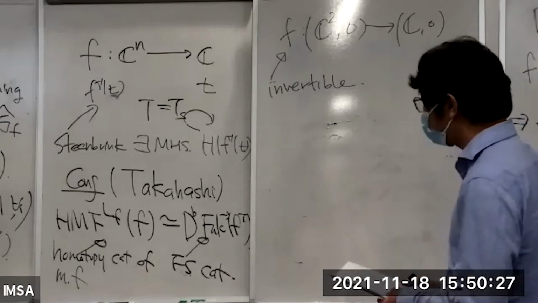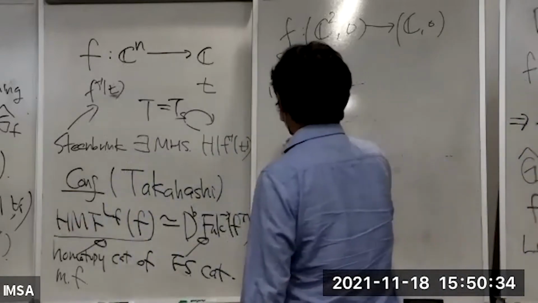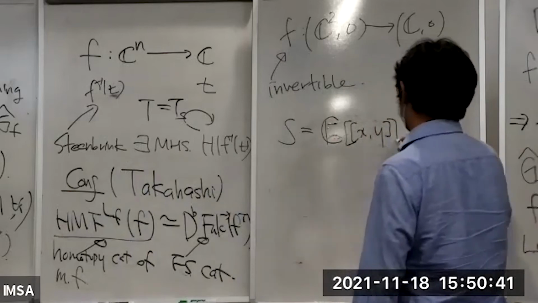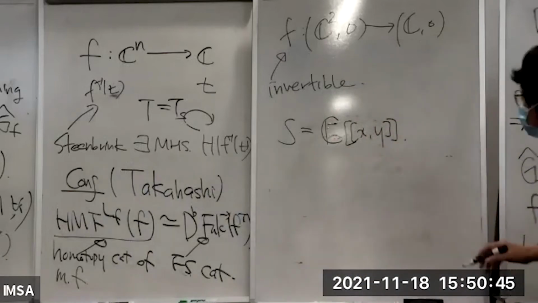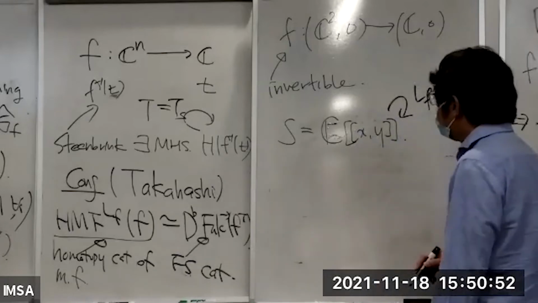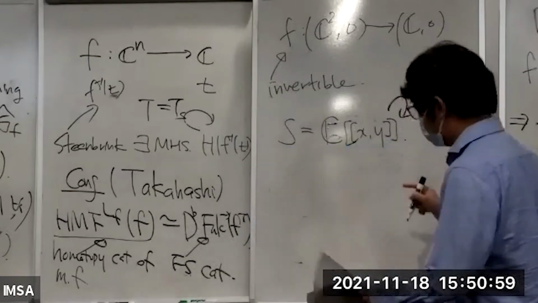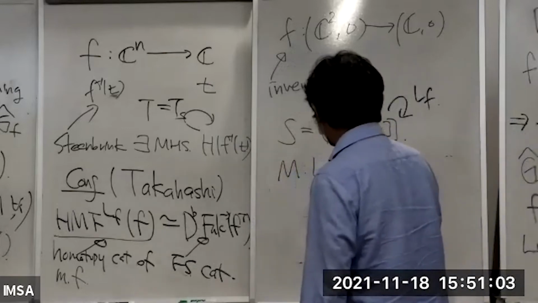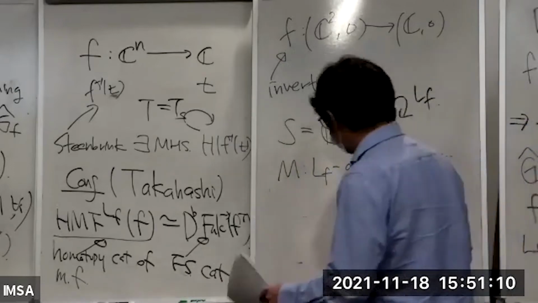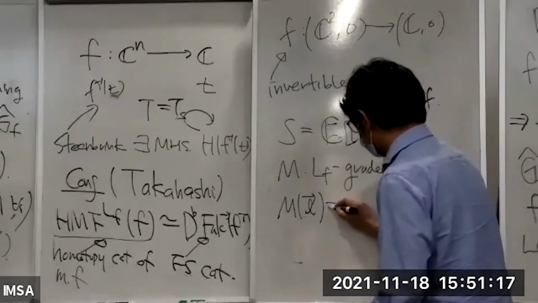Okay, in order to do that, let us explain what this is. Let S be the polynomial ring, or sometimes a ring of power series, with a natural action of L_f. It has a natural grading with respect to L_f, and the module M is again L_f-graded. Then there is a natural shifting action here.